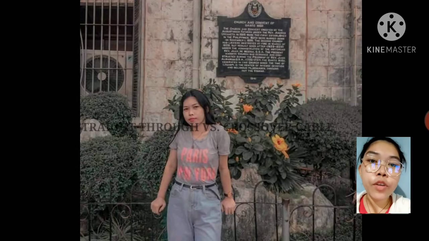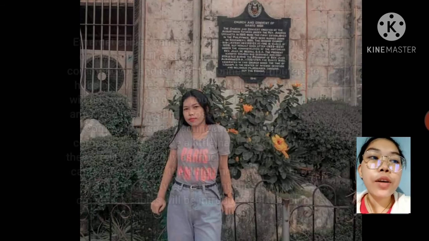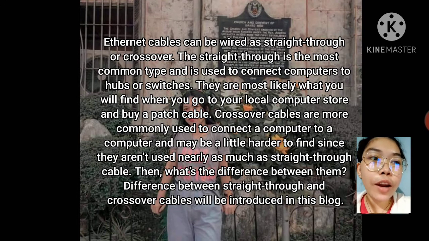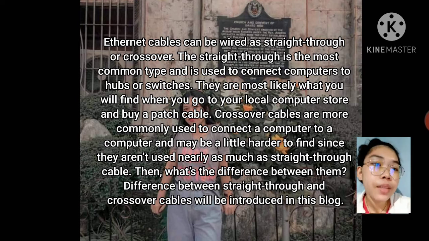Now we are going to differentiate the straight-through and the crossover cable. Ethernet cables can be wired as straight-through or crossover. The straight-through is the most common type and is used to connect computers to hubs or switches.